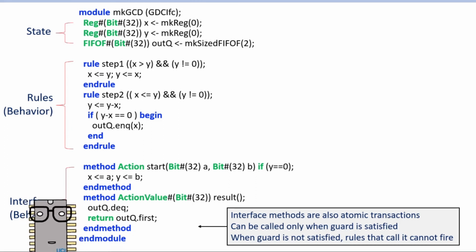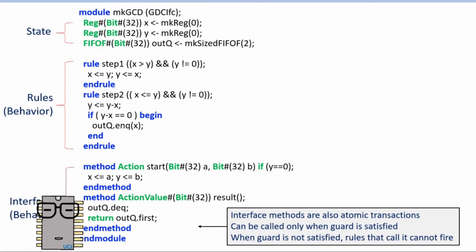Because if you remember, all the state labels represent values from the beginning of the clock cycle. And the effects of each method, the effects of each rule firing, will only be applied at the end of that clock cycle. So the effects of outq.dq will not be visible to this return statement until the end of this method call.